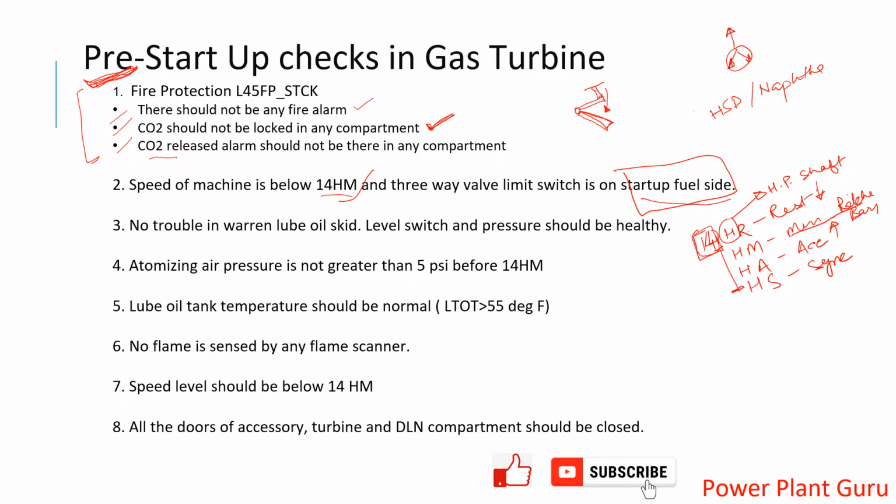Excuse me for my poor drawing; with this mouse I cannot write much better than this. So it should be on this side, the HSD side. It should not be on this side, so that your machine knows that whatever fuel goes will be only startup fuel, and after the startup I can switch to the base fuel.